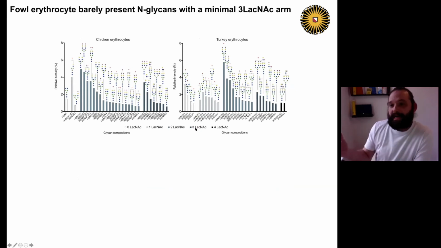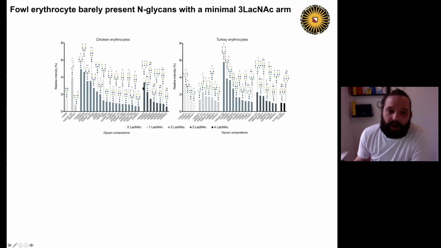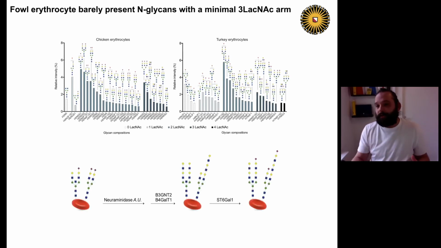They might have an N-glycan with a 3 LacNAc repeat on one arm, but that's very unlikely. Whereas for turkey erythrocytes, we do see an increase in the amount of LacNAc repeats. And here you have a couple of N-glycans that hypothetically can have an arm with 3 LacNAc repeats terminating in a human type receptor. But we wanted to control this.